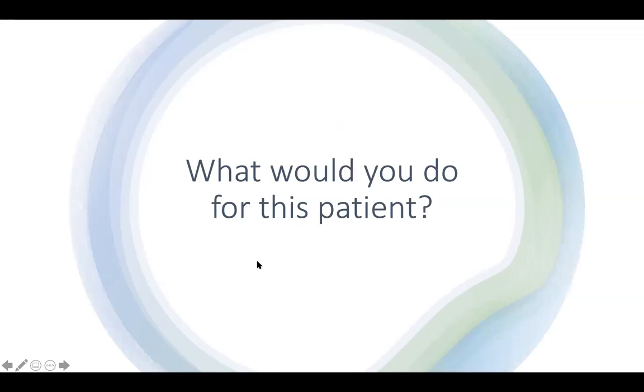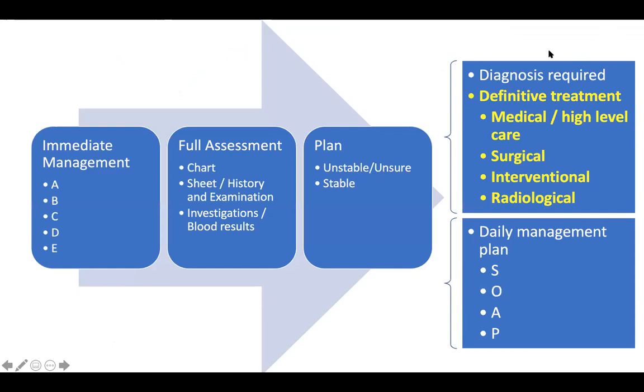So now, what would you do for this patient? We've done the ABCDE. We had the history, and we've done some investigations, and we know now that the patient is unstable, and the examiner will take you now to the definitive treatment for this patient.